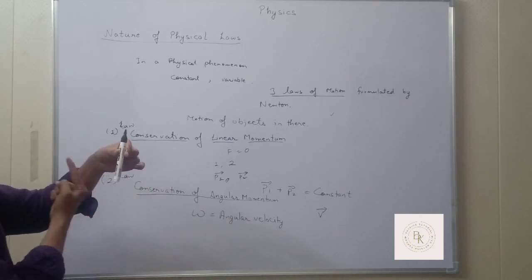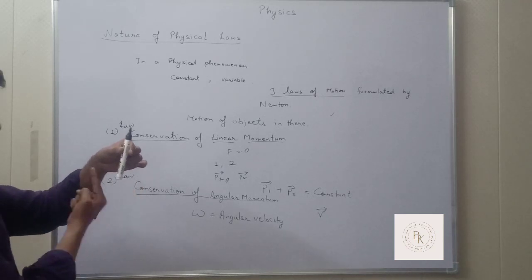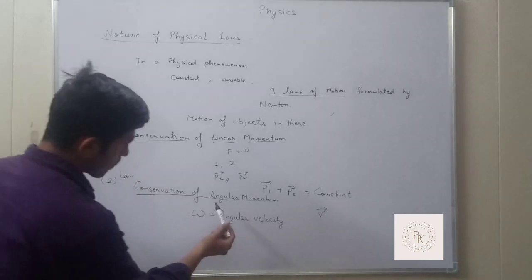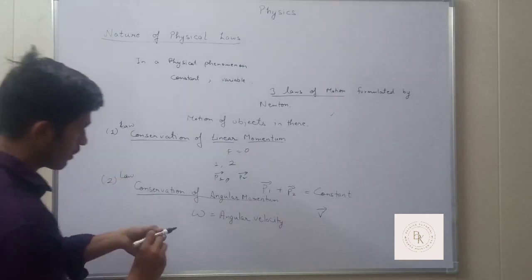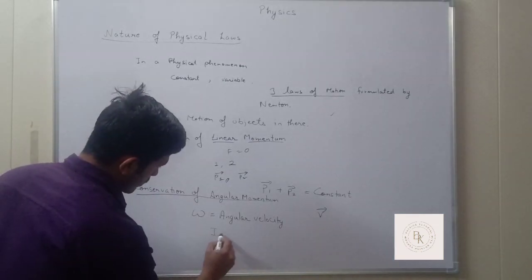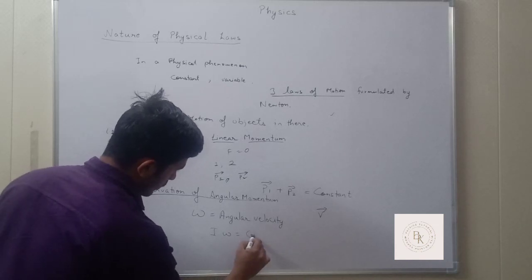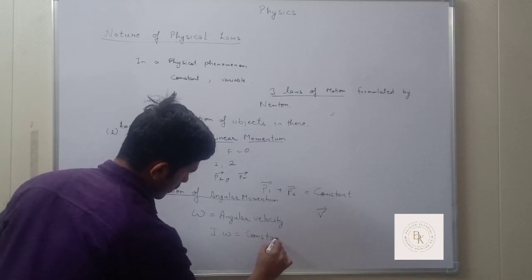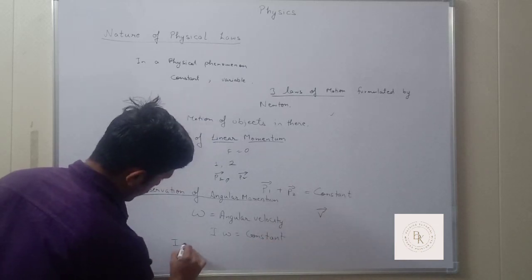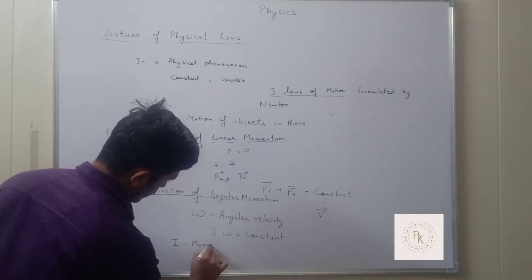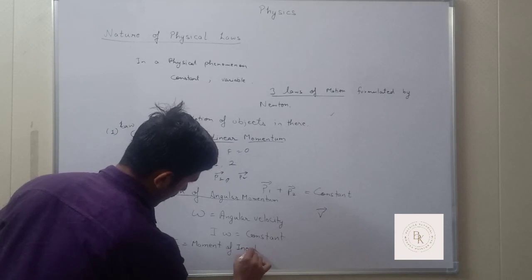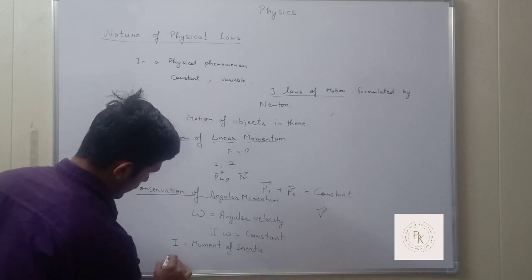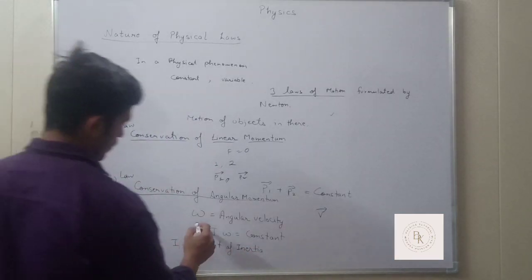In that rotation, the angular momentum of this particle rotating around the axis remains the same. So it can be said that I omega is constant. Here I is the moment of inertia, and omega is the angular velocity.